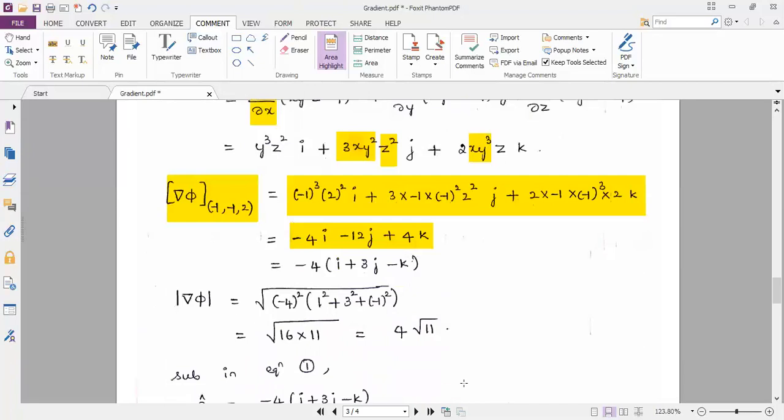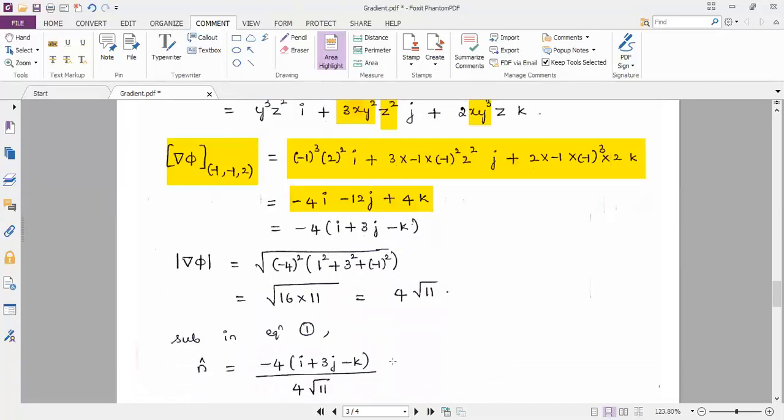Taking -4 common, we remain with i + 3j - k. Now magnitude of grad phi. Let us find magnitude of grad phi, which is given by the square root of the sum of the squares of the components. So first we have -4, a constant, so (-4) whole square as it is.